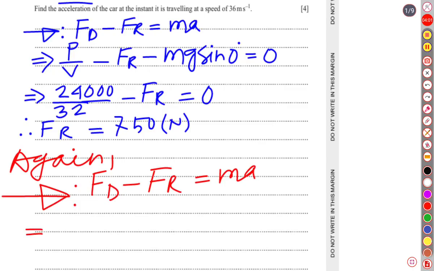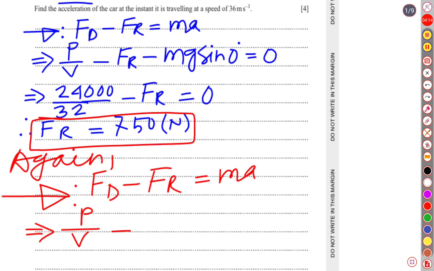Driving force is the same concept, power over velocity, minus resistance to motion, which has already been found. We have already got that resistance to motion is constant, which is 750 newton.